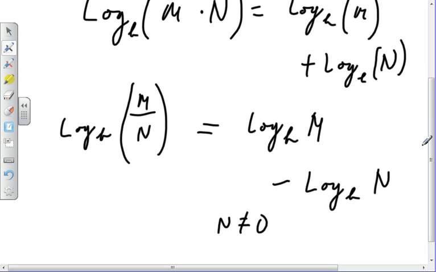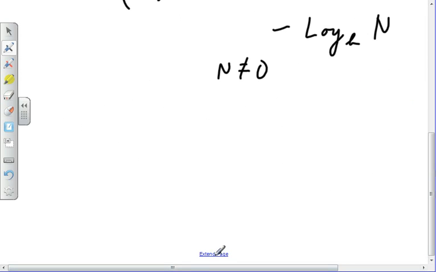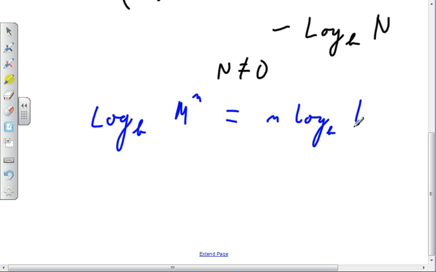And then we have another rule, which would require us, of course, to go to a different color. The log to some base of m raised to the n is going to be n log that base m. So when I have an exponent, I can bring that exponent out in front and not lose any continuity.